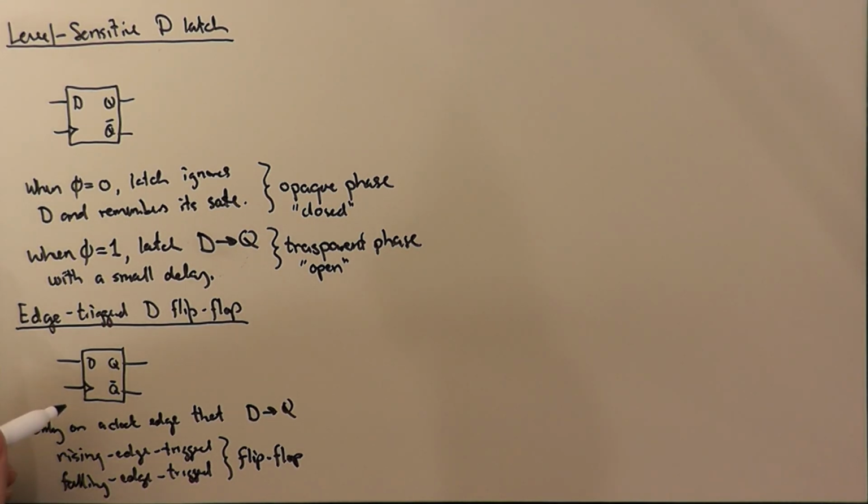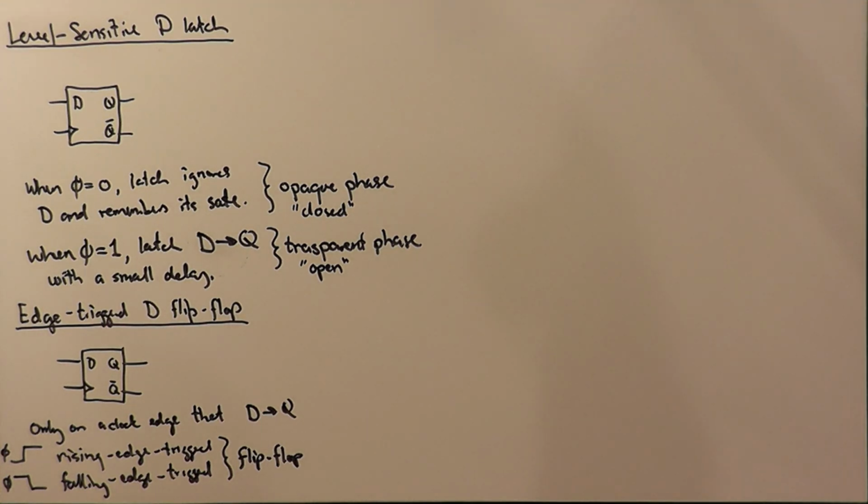And a falling edge triggered flip-flop is one where D gets propagated to Q on the falling edge. These are typically the type of devices that people will use when designing digital systems, at least for the most part.